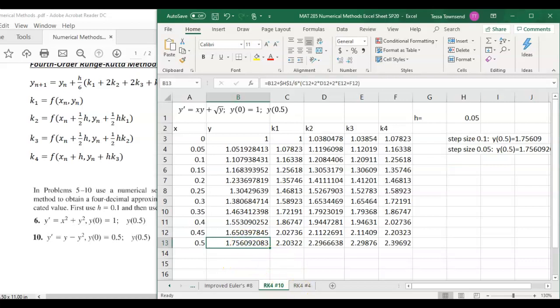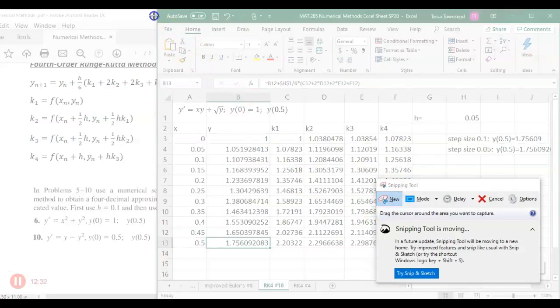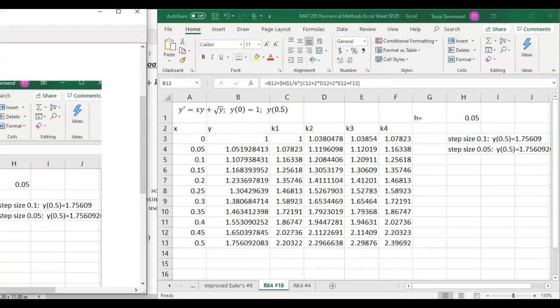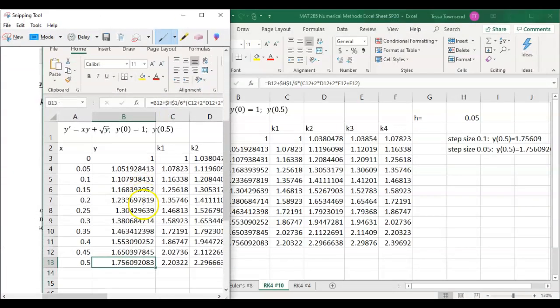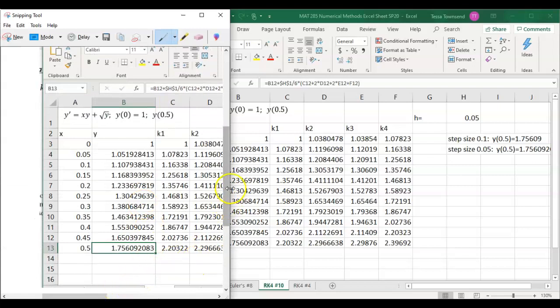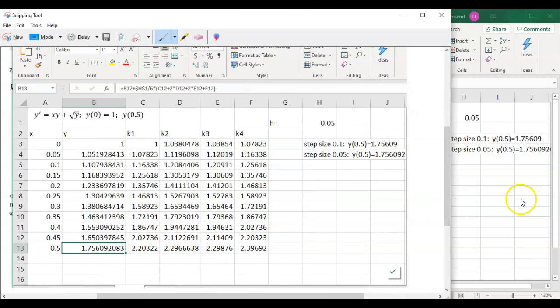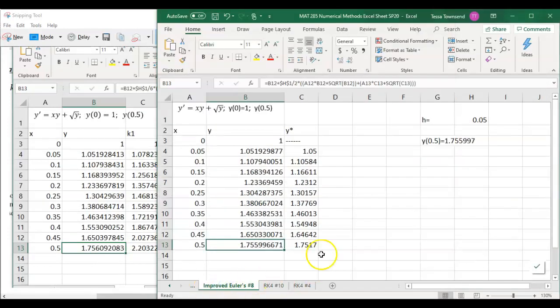So just for fun, let's compare this to that last one. I'm going to take a picture. So this is using RK4. I'm going to move this picture over here. And then let's go back to that improved Eulers.